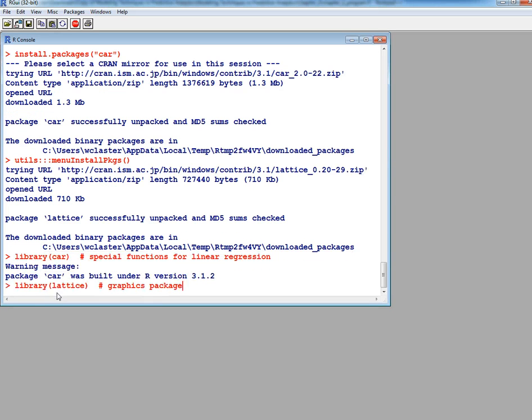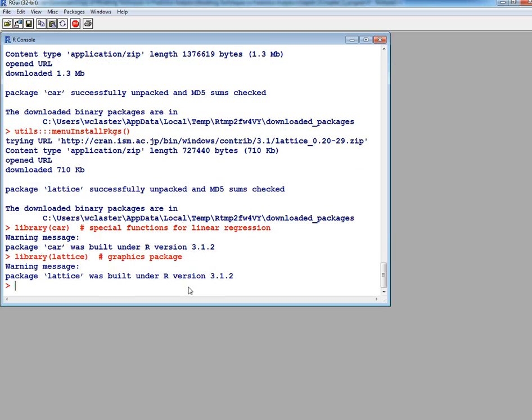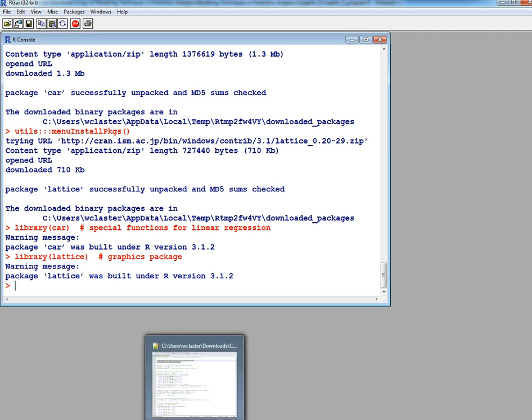And there's another command you could use instead of library. You could use require instead of library. It would do the same thing as far as I know. So it gives me a warning, but warning is different than an error. Okay, so warning means something, we'll ignore the warning.